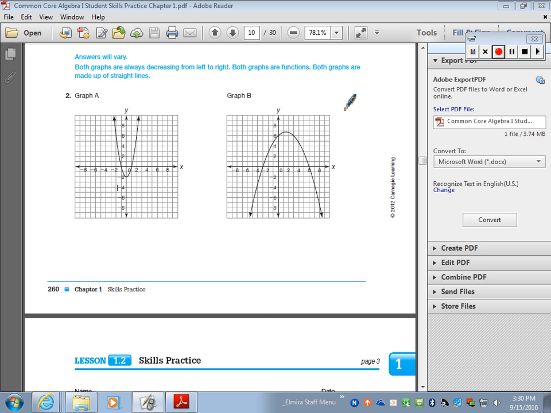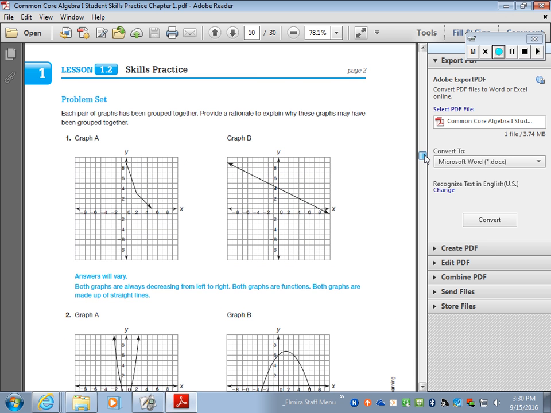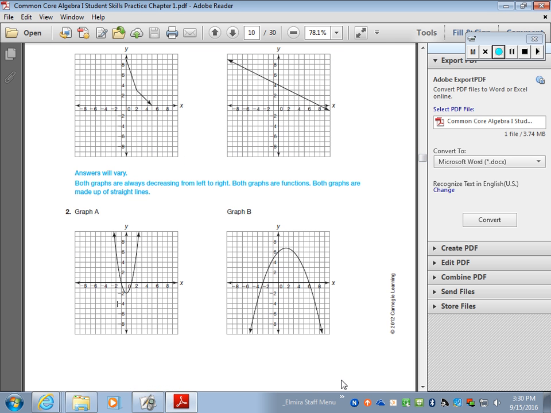Somebody in class today said on one of the graphs, well, it's moving left to right. Well, all graphs are read from left to right, so that doesn't explain with enough detail. If we look at the example given to us, we see vocabulary talking about the decreasing behavior from left to right.